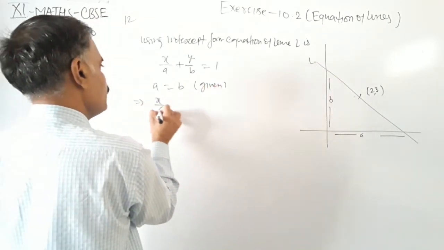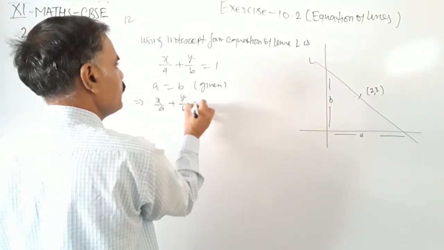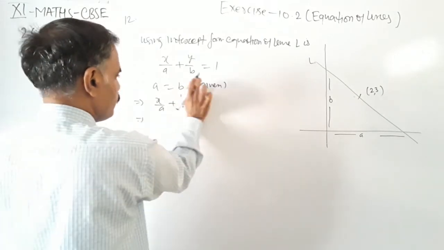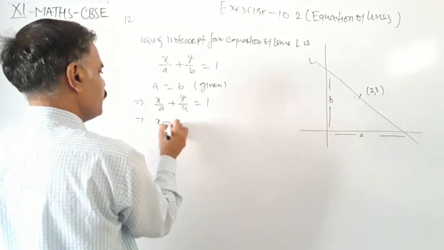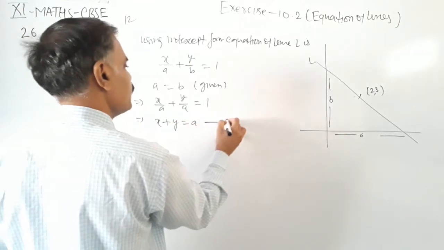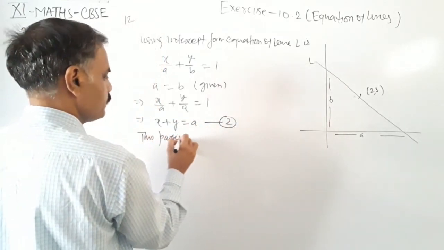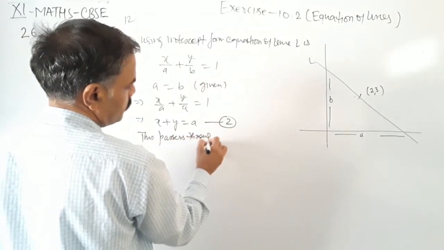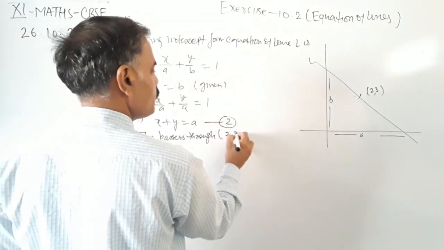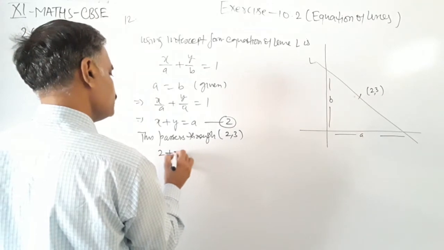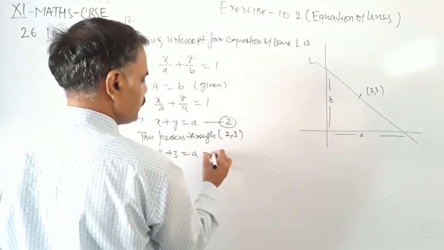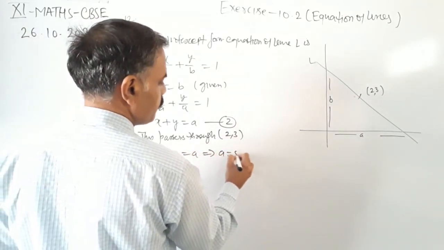So x upon a plus y upon a equals 1, so x plus y equals a. This passes through the point 2, 3. So 2 plus 3 equals a, implies that a equals 5.